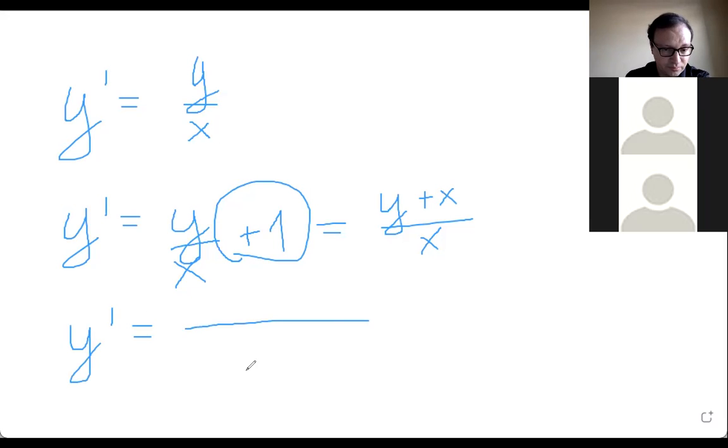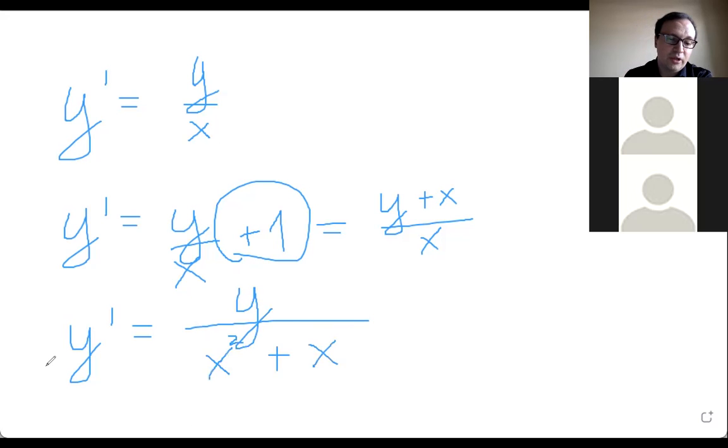So let's say y prime equals y over x plus x squared. I'm not aiming for complicated examples, I'm just giving the simplest examples that come to mind.